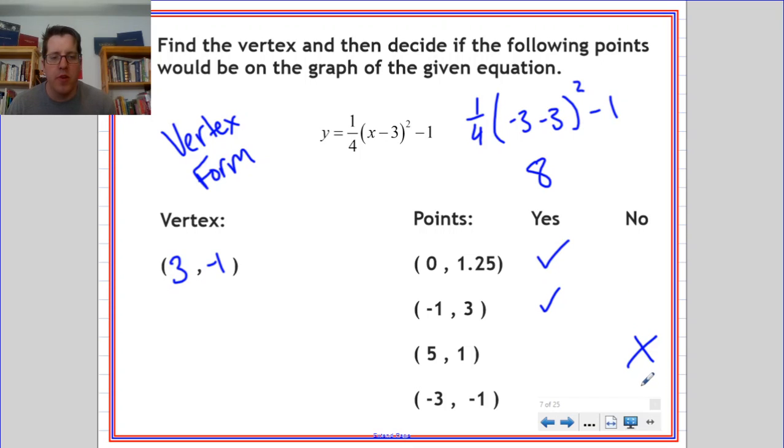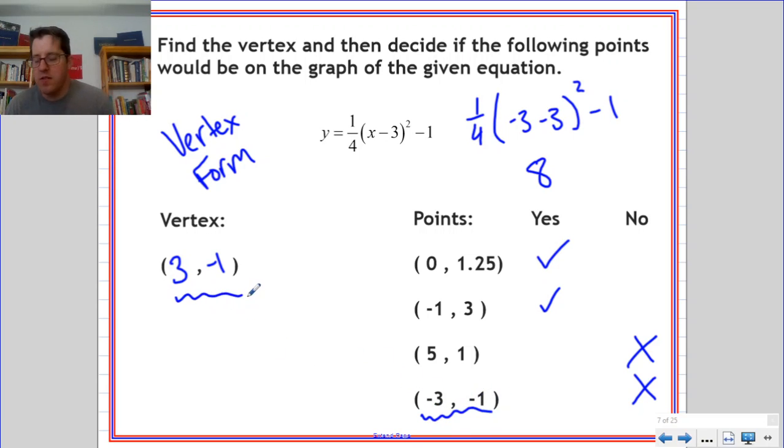That is not what I'm looking for. Now, some people get this wrong because they think that this looks like the vertex. That is there intentionally to mislead you, so make sure you're careful.